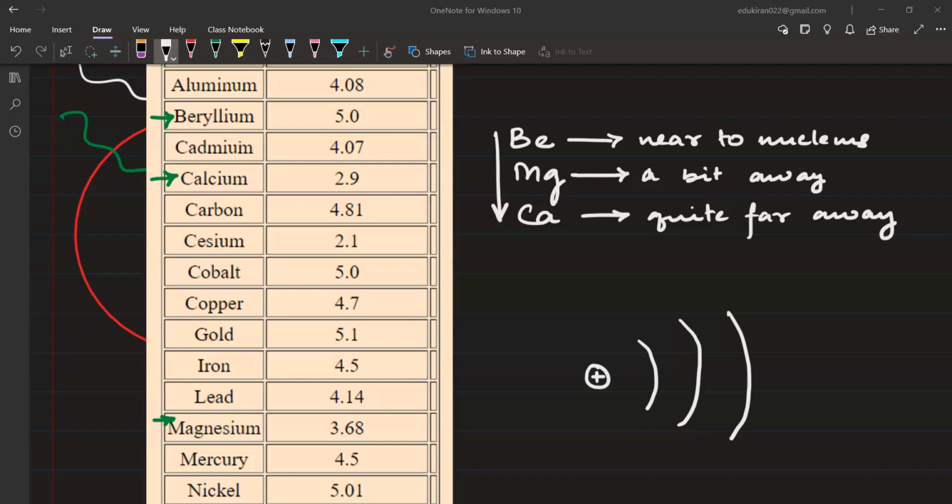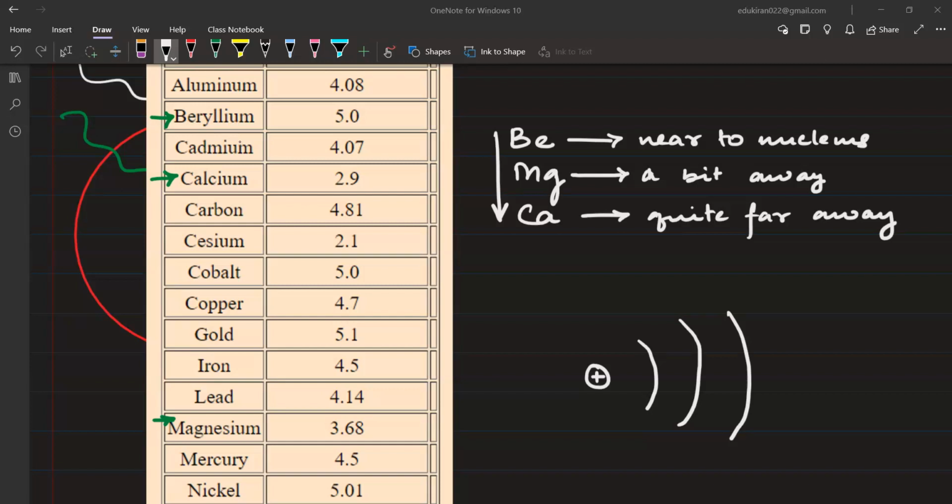The outermost electron of beryllium will be different from that of calcium, and the distance between the nucleus and the outermost electron of magnesium will also be different. So this work function gave an idea about many things. It gave us the idea that the electron is revolving around the nucleus at a particular distance, and that distance is unique for a particular atom. So here we came to know about the sizes of atoms also.